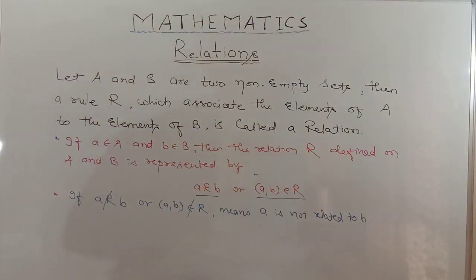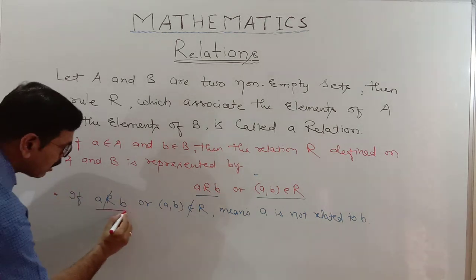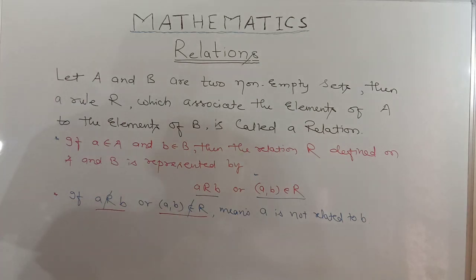You must understand the meaning. Exactly, suppose we write this or this, it means a is not related to b. Is it clear? Please note down the definition.